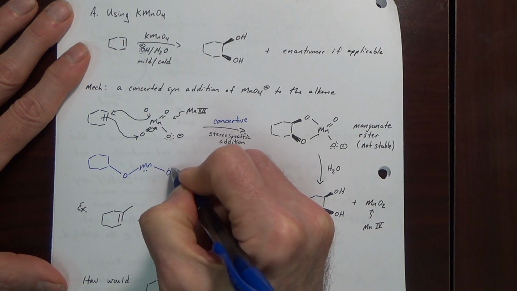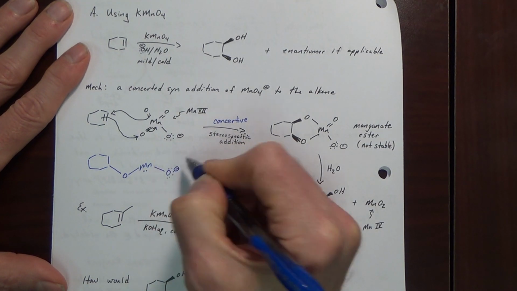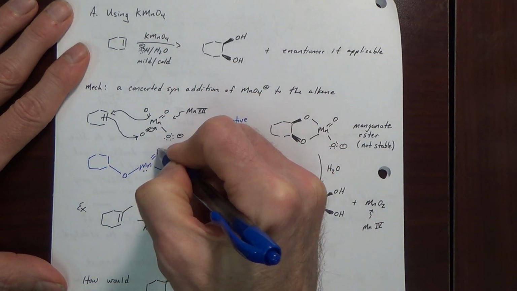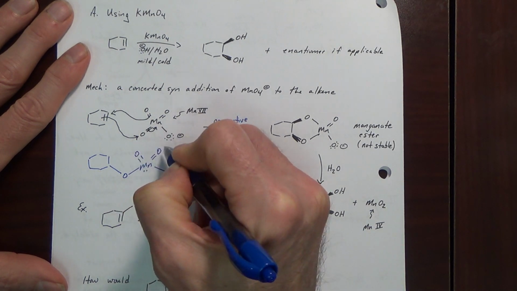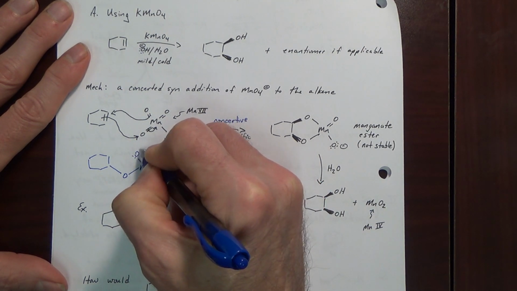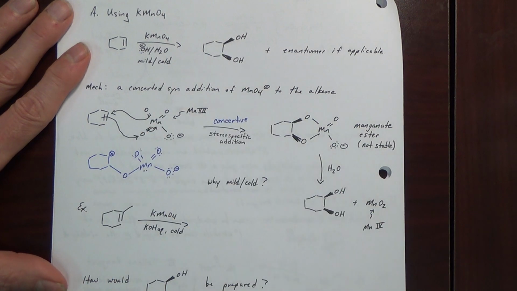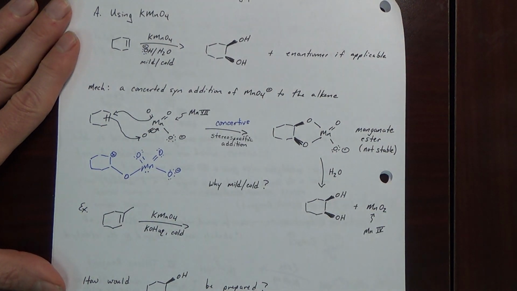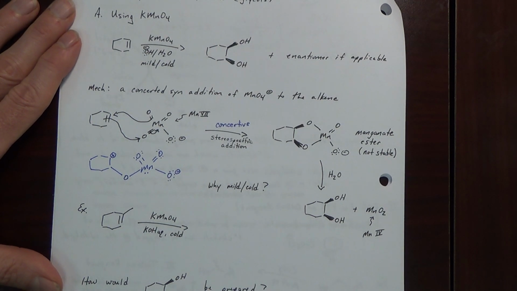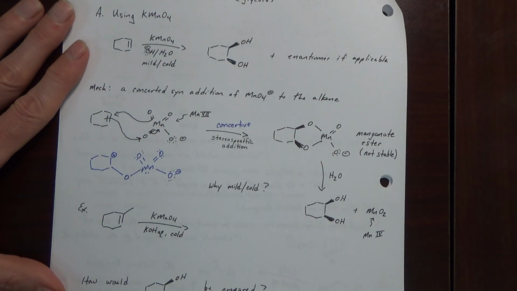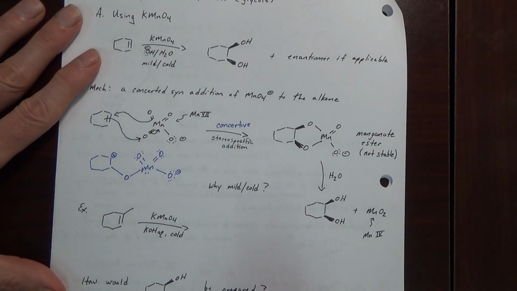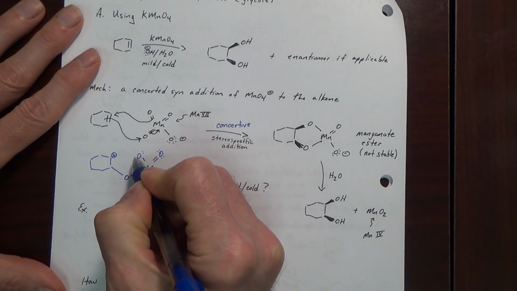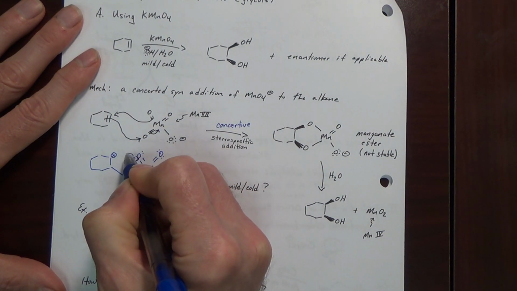We would have O minus, double bond here and double bond there. And this would be a plus. Well, basically now these electrons will be attracted here.